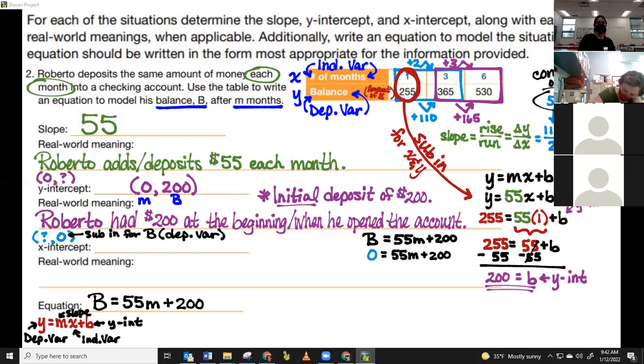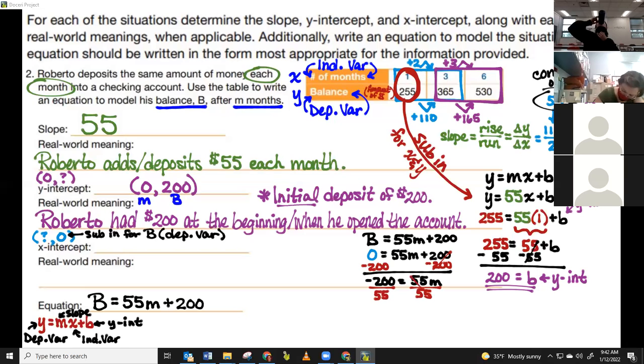Minus 200 from both sides. Cool beans. All right, so I have negative 200 equals 55M. What next? Divide 55 from both sides. Divide 55 from both sides.